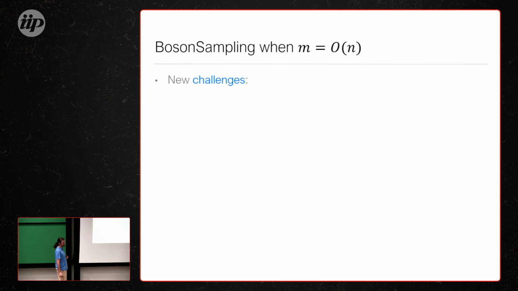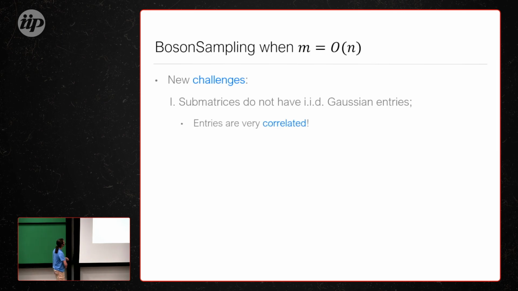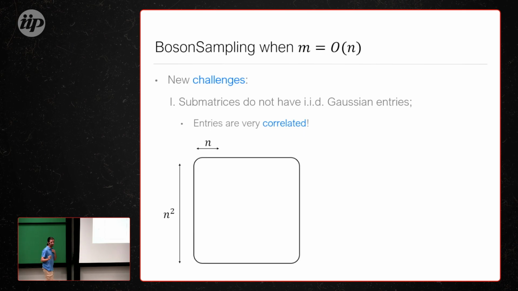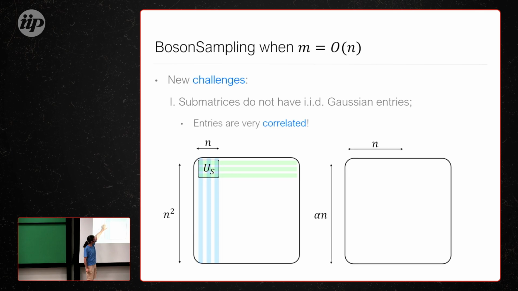This involved solving a few new challenges, just to give you an idea of what happened, very briefly. One is that if the number of modes is small, then the entries of the matrix look very correlated. If you have a very big matrix and you're looking at a tiny submatrix of it, and the big one is uniformly random and unitary, the small one looks Gaussian. That's what I said they used in 2012.